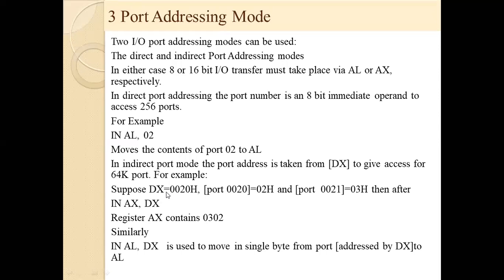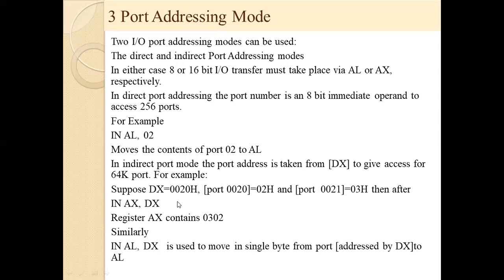So, for example, I put my port address, which is 0020, inside the DX. If I execute this instruction, the microprocessor will take the port address from the DX, and utilizing this address, it will take data from the port and put it inside AX. But here, the problem is that AX is a 16-bit register, and your port can provide 1 byte of data at a time.